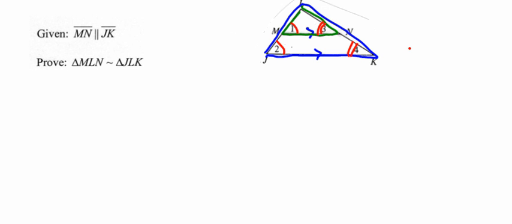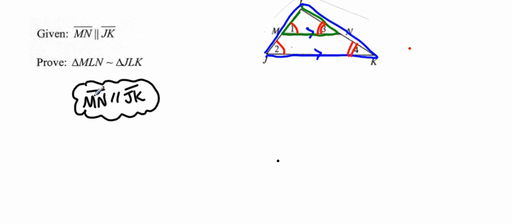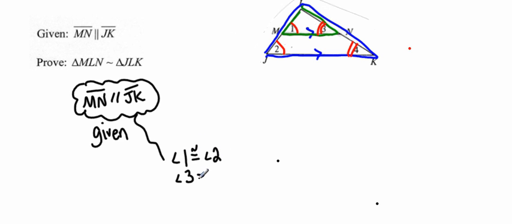I'm going to start out by talking about those line segments MN and JK being parallel. We know that's a true statement because it's given to us. And because those two lines are parallel, that tells me that angles 1 and 2 are congruent, as well as angles 3 and 4.